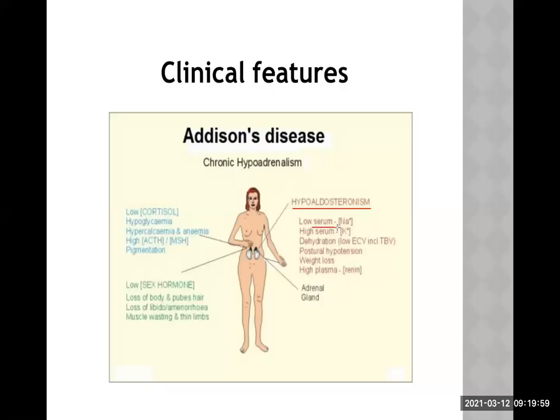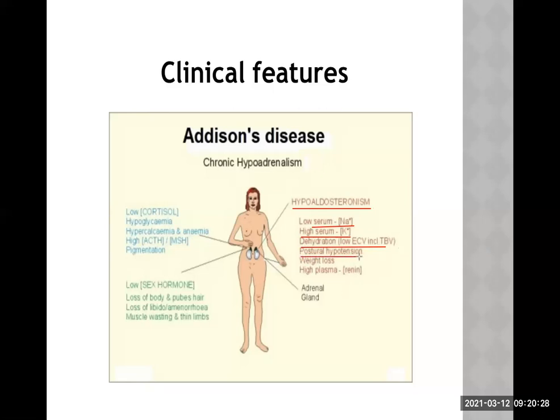It leads to low serum sodium and high serum potassium, because potassium cannot be excreted out, isn't it? And sodium cannot be retained because the aldosterone hormone is low. So very easy to understand, leading to dehydration, low extracellular volume and total blood volume, both are low.